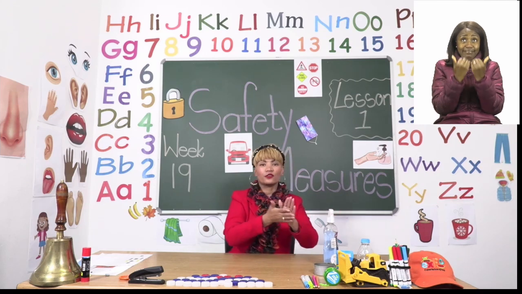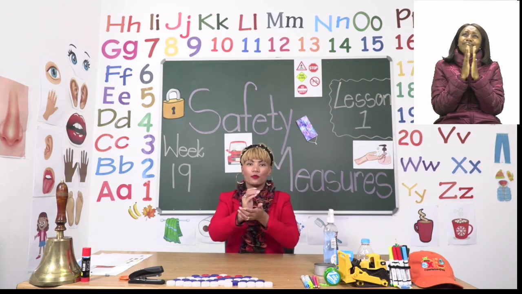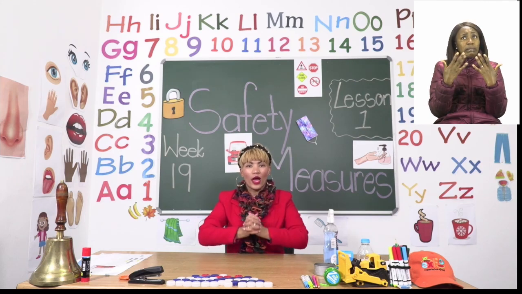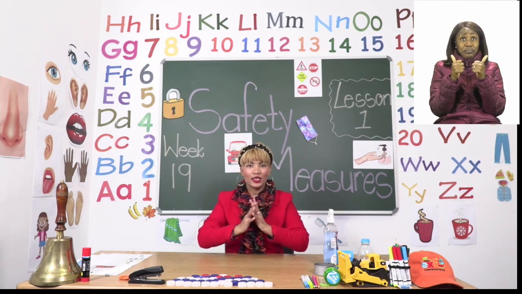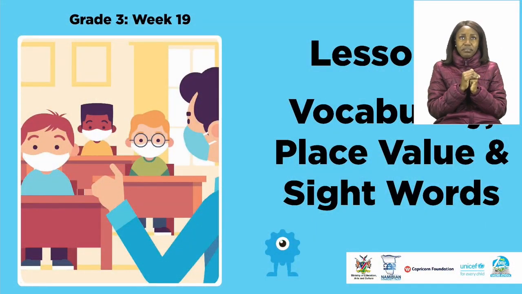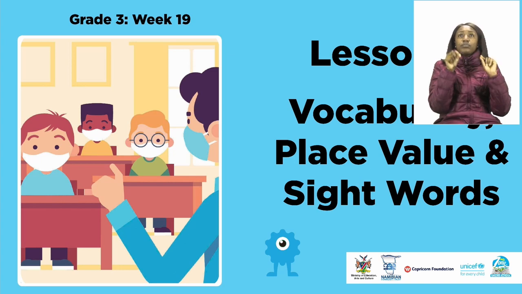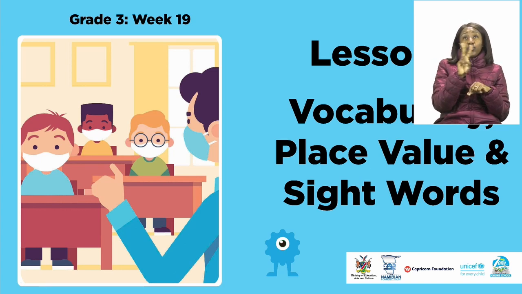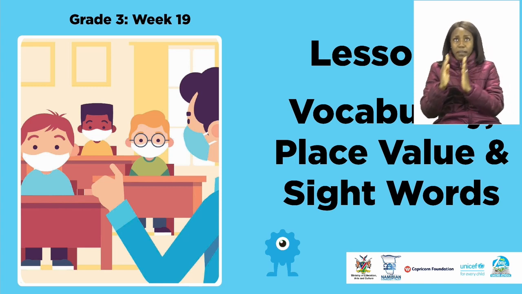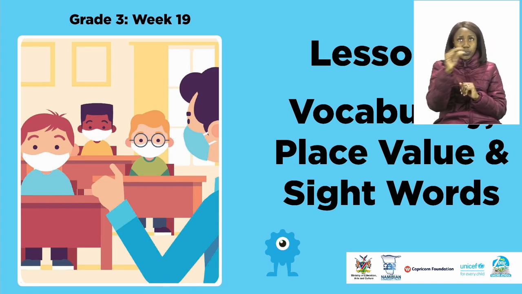Boys and girls, it is very important to make sure you clean your hands well. Don't touch anything before your hands are dry. You need to remember to keep safe. Our lesson for today will be about vocabulary, place values, and sight words.